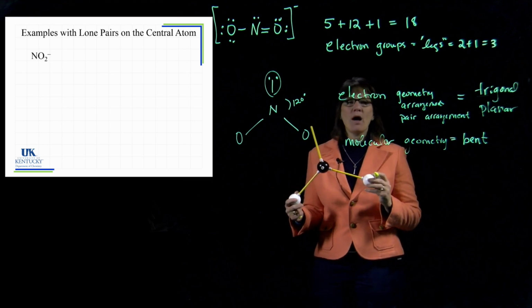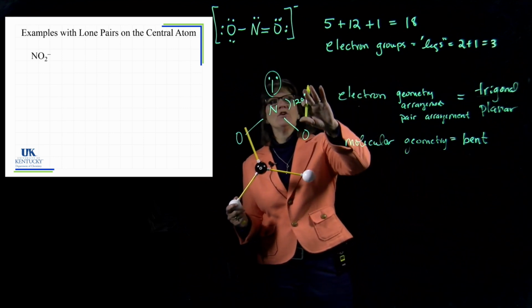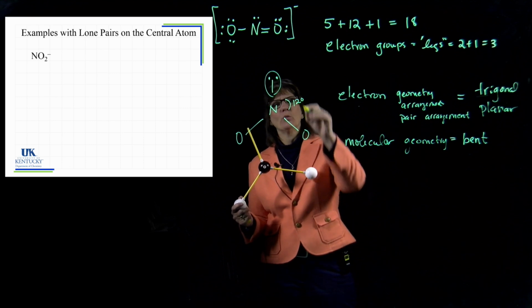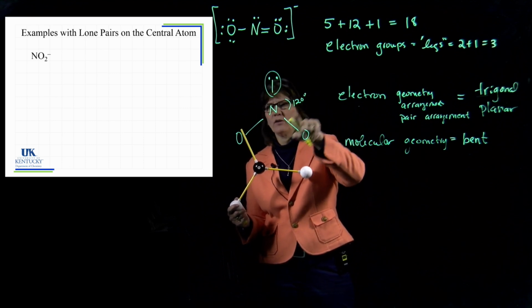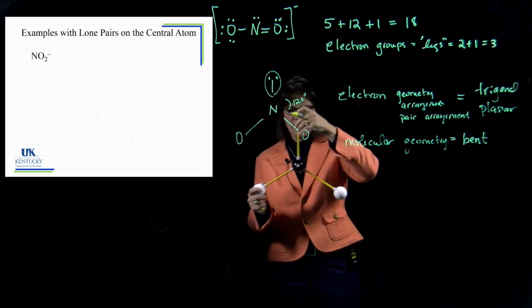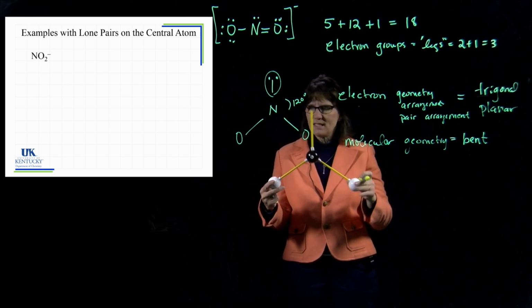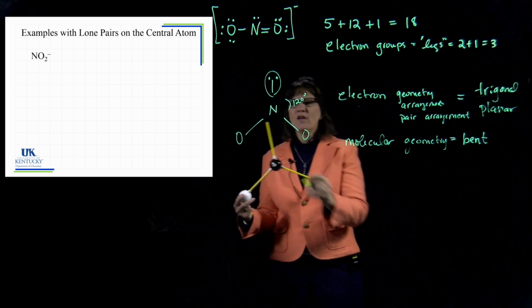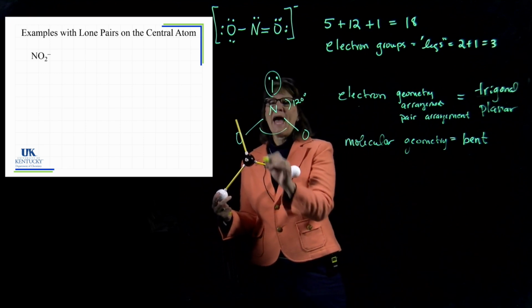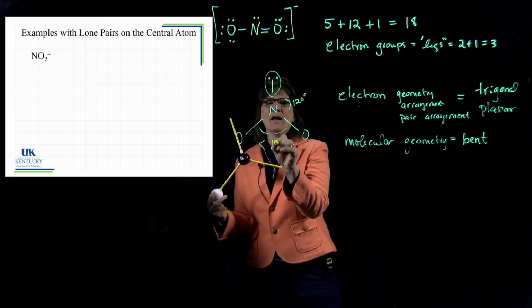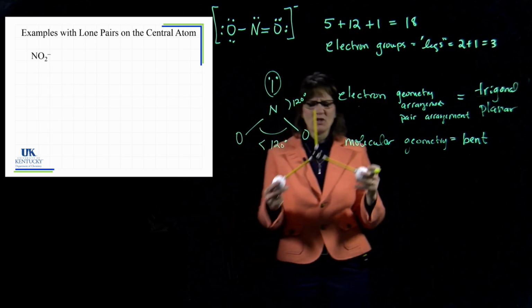Now what about the bond angle? Instead of a bond angle of 120 degrees, what happens is this lone pair needs more room than these guys need with each other. So it pushes these together a little bit more. So this bond angle between atoms, we would say it's less than 120 degrees. We don't know how much less, okay?